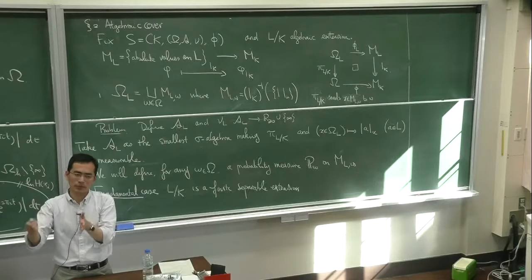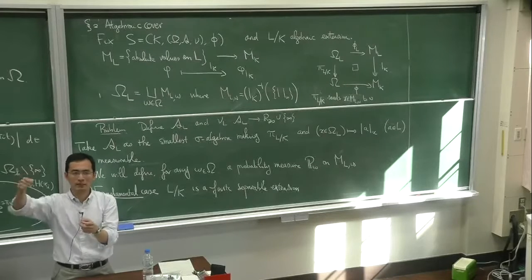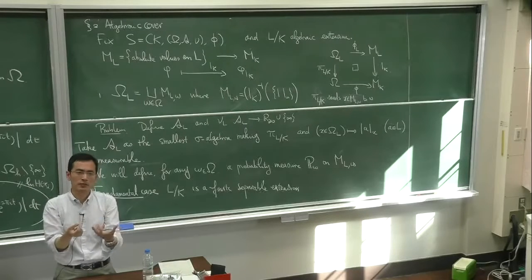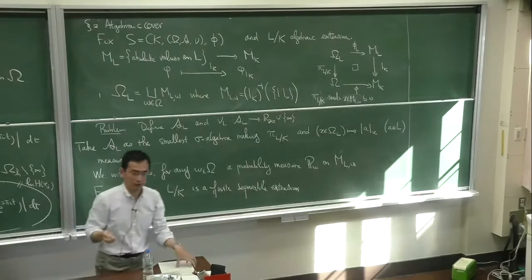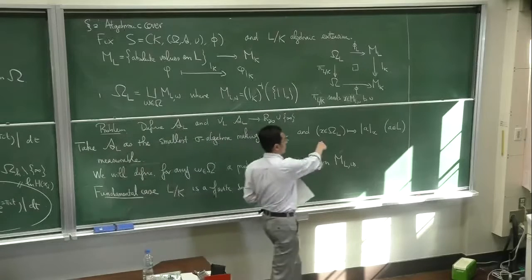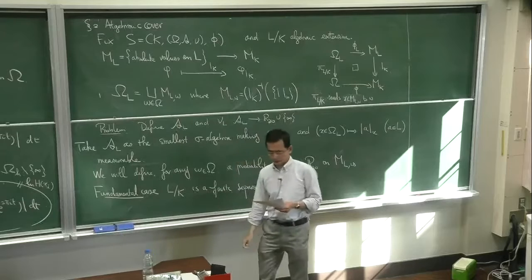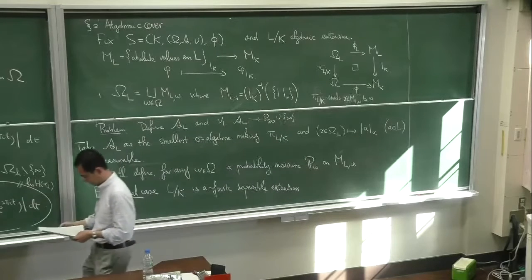For the purely inseparable case, you have just a unique extension of the absolute value. So you can take some power, and then you are inside the smaller field, and then you have no choice. And then you just keep the same measure space. So you don't need to consider the inseparable case.